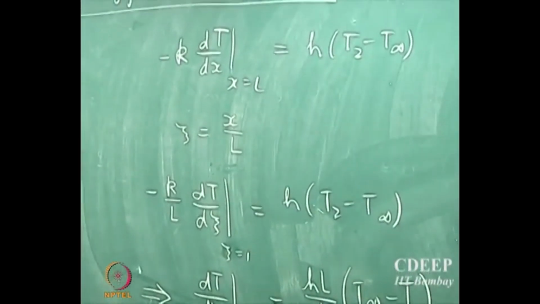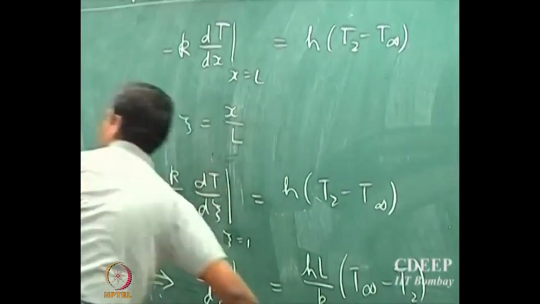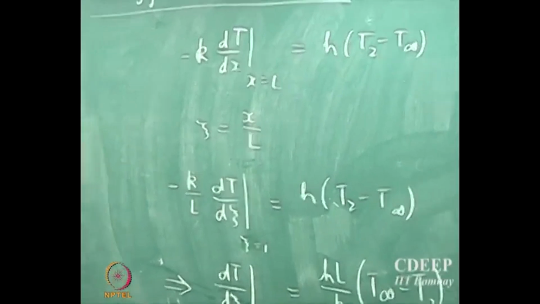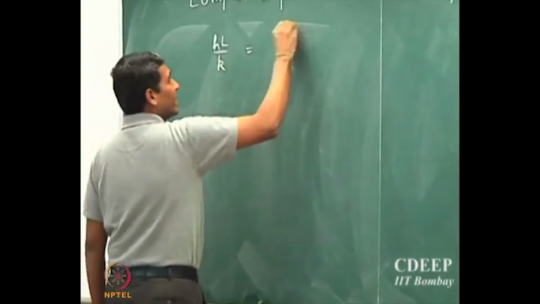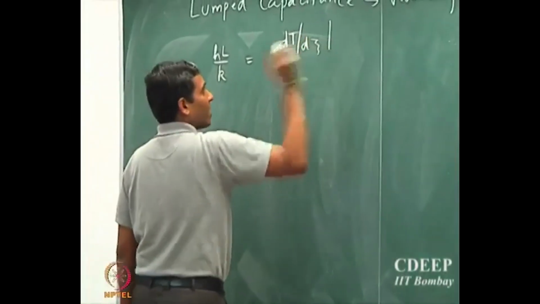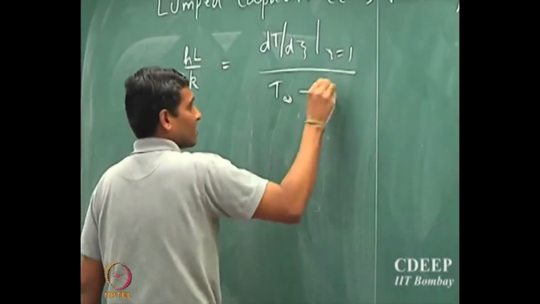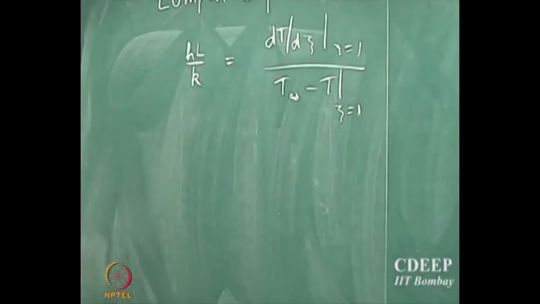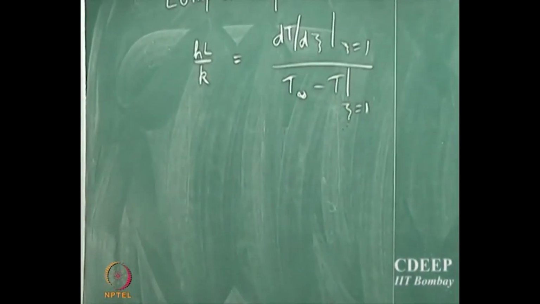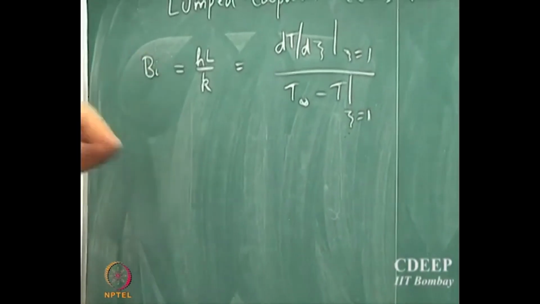Okay, is that clear to everyone? So now hL by k equals dT by dz at z equal to 1 divided by T infinity minus T2, where T2 is nothing but temperature at z equal to 1. Okay. So this quantity is what is called the Biot number.